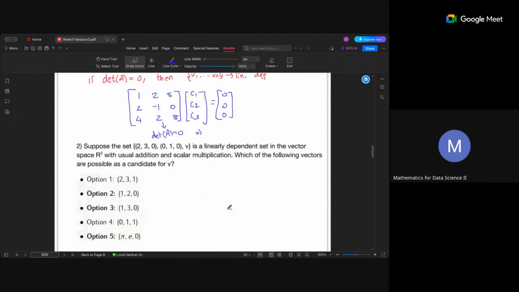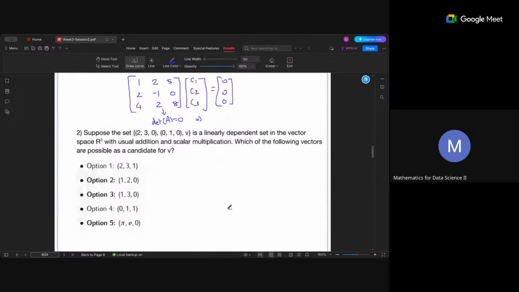So now look at this question, everyone. Try to understand how to do this. We can put in the options one by one and get the determinant in this way.